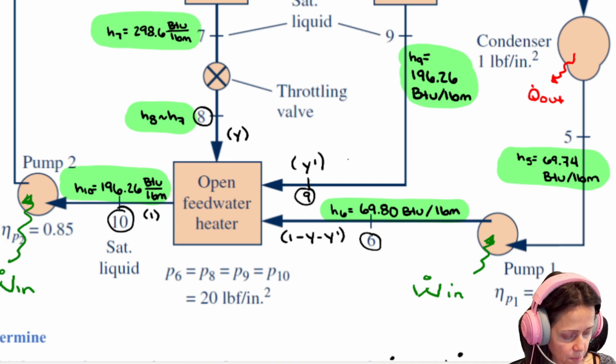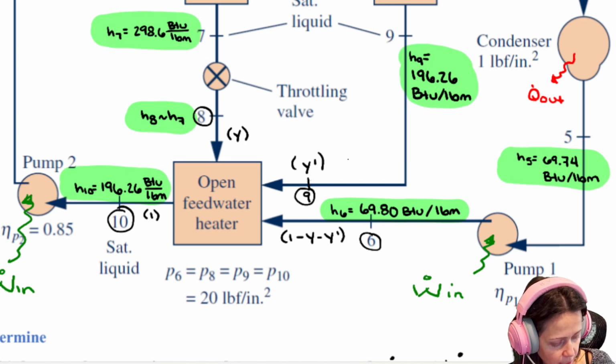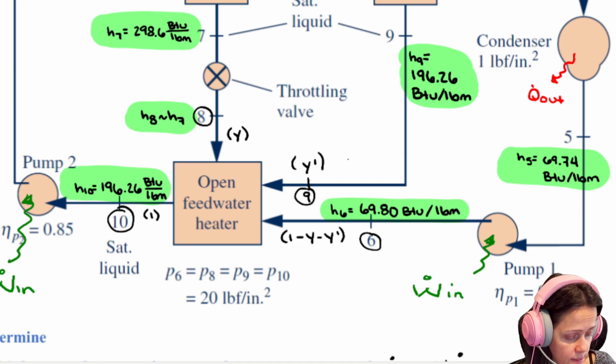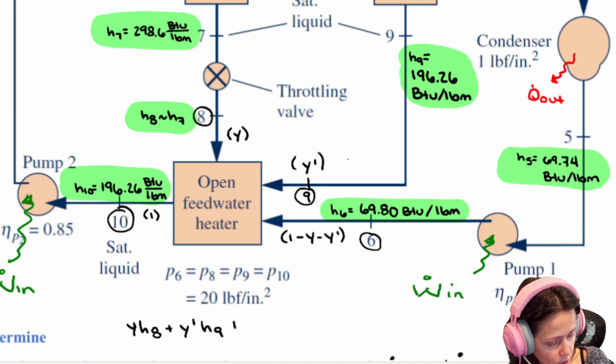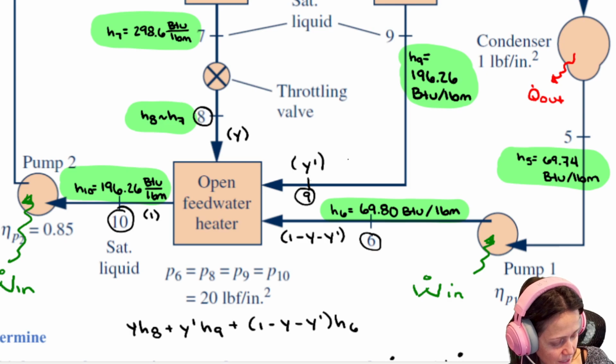If we did our energy balance on that, I'm going to divide by m dot, so we have y h8 plus y prime h9 plus (1 minus y minus y prime) h6, and all of this is going to be h10.